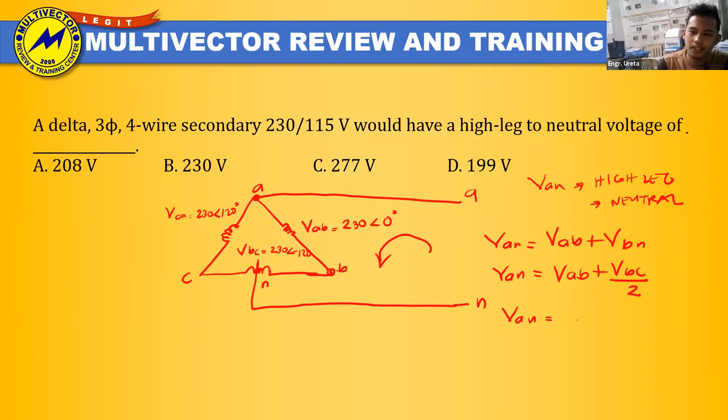Our VAB is 230 angle 0 plus VBC, which is 230 angle negative 120, divided by 2.